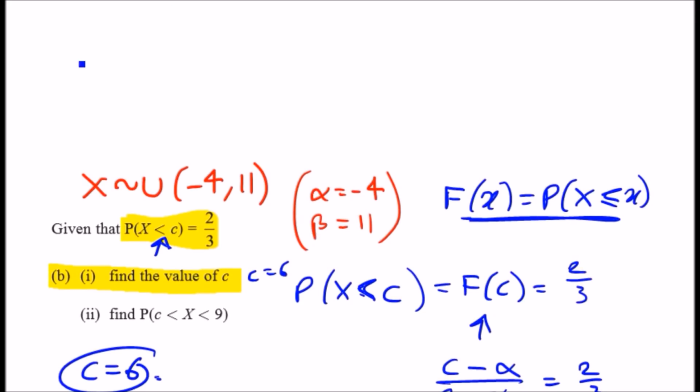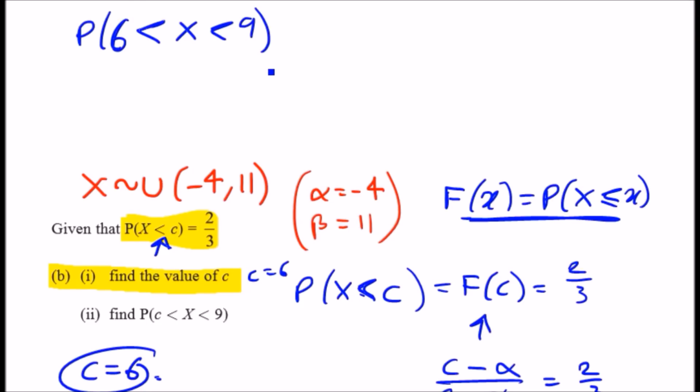So now we're going to find the probability that X lies between c and 9. We just need to think carefully how to write this. We can think of this as all the values between c, which is 6, and 9.